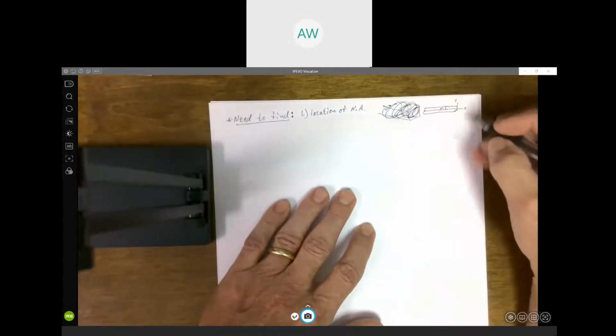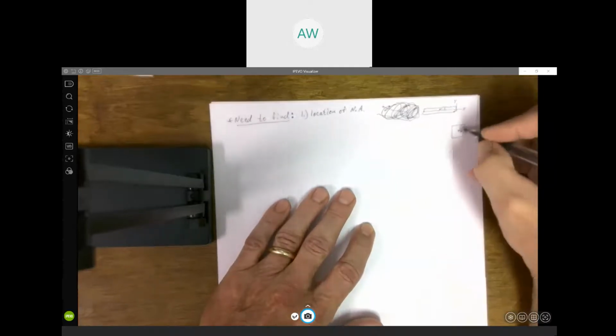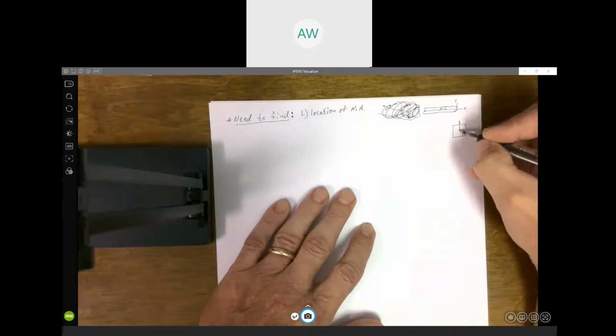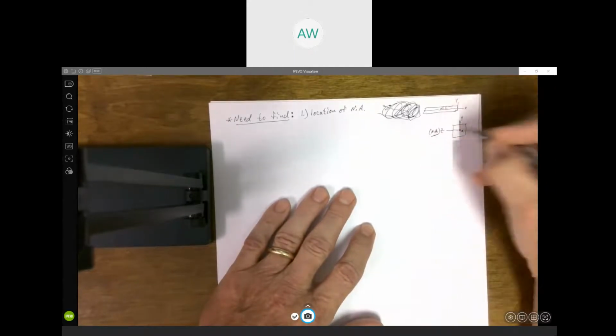But if we're actually looking at the cross section, where the x-axis is coming straight out of the paper toward us, the z-axis is what we call the neutral axis.